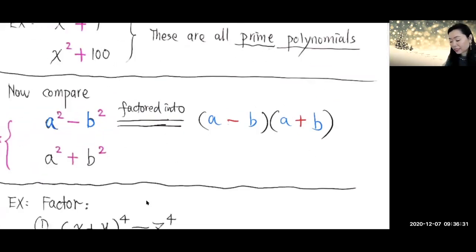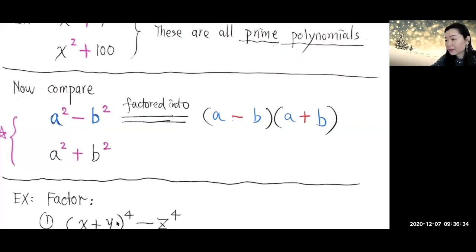Okay, now what about a squared plus b squared? This one over here is a prime polynomial. So it is prime. Notice that over here, it is the sum. You're taking the sum of the two squares. It's important.